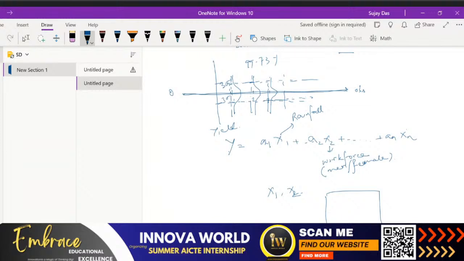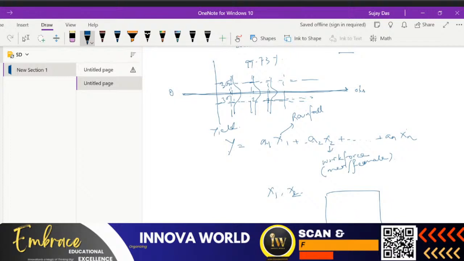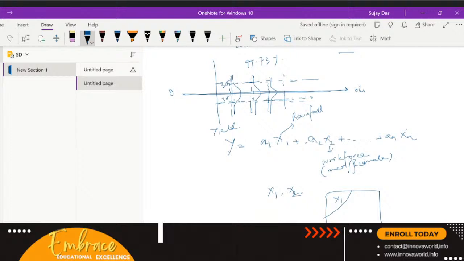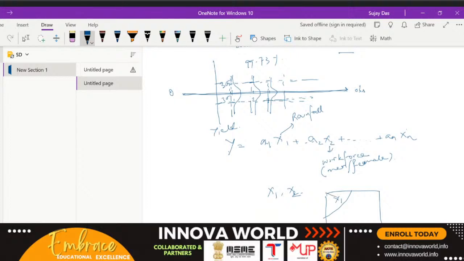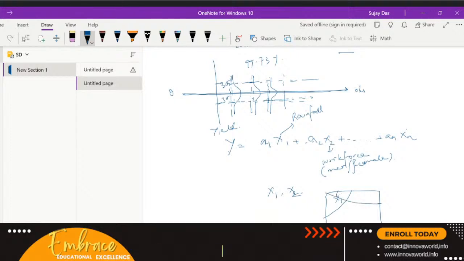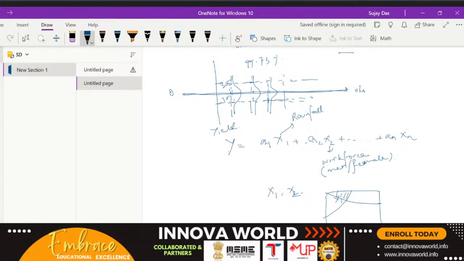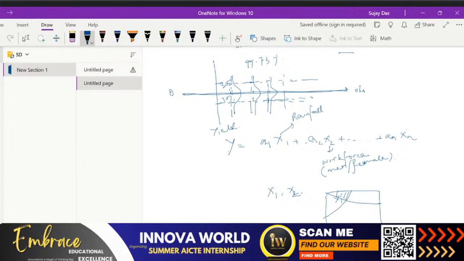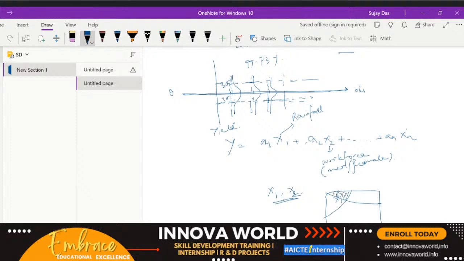Suppose x1 is explaining this part, and because x1 and x2 are correlated, x2 is explaining this part. So this part is being explained twice, and we think the model is working fine, but the model is not working fine. Because of this multicollinearity setup, since x1 and x2 are highly correlated, this portion is tangled.